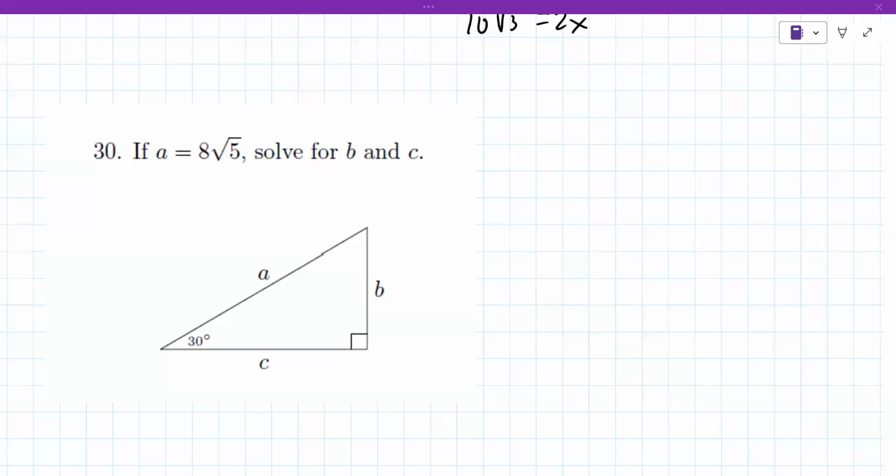B is 4 root 5. Okay. C is 8 root 15. Good. So not too bad when you have the triangle down. All right, so let me grab one more.